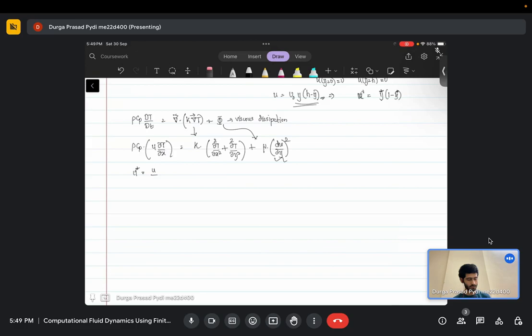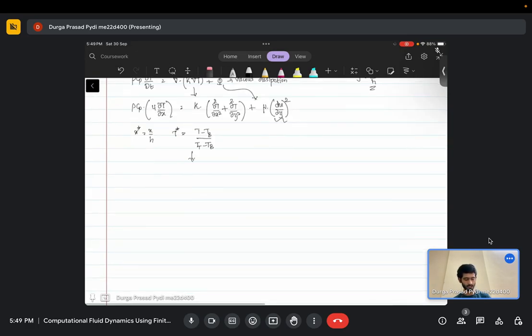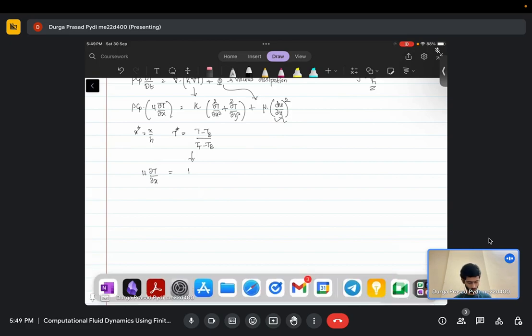This u star is essentially this particular profile, where y star is y by h, and I will non-dimensionalize x as well with h, so x star is x by h. To non-dimensionalize T, I am using (T minus T bottom) by (T top minus T bottom). If I non-dimensionalize in this fashion, I am just removing the stars, as the quantities here are non-dimensionalized. The equation I end up with is the equation shown in the question.